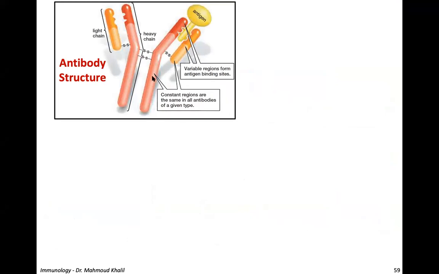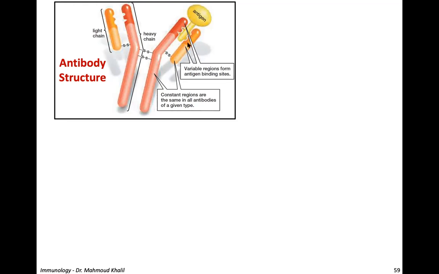For each heavy chain or light chain, you can see that they have a constant region, which is constant because it is the same in all the different antibodies, while it has as well a variable region which gives the specificity of each type of antibody.